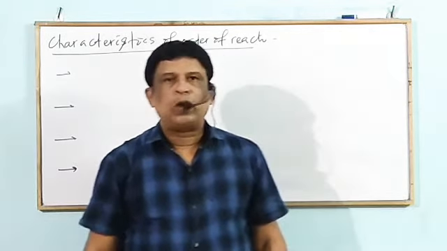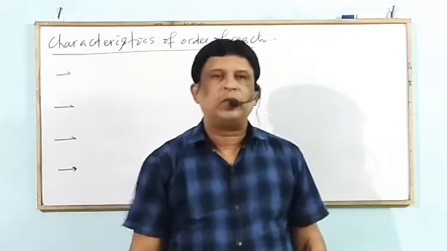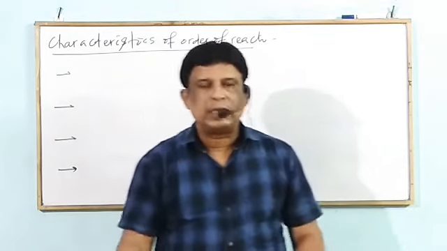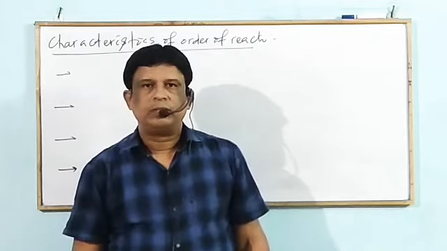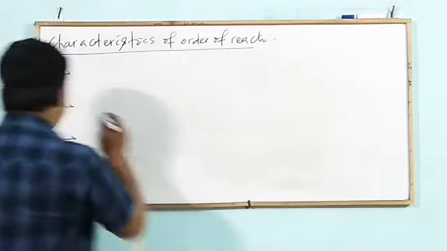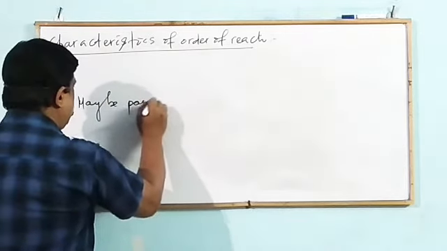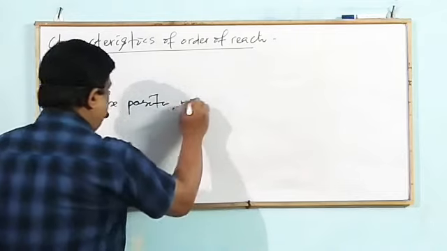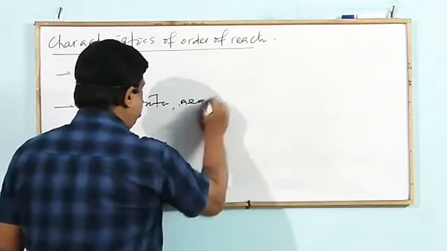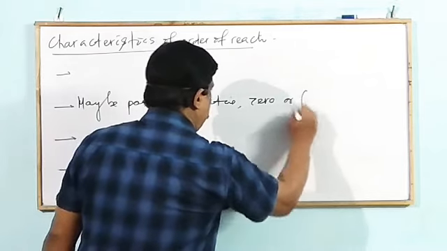No one is able to calculate the order of a reaction by observing simply the mathematical expression or balanced chemical reaction. Next point, its value may be positive, negative, zero or fraction.